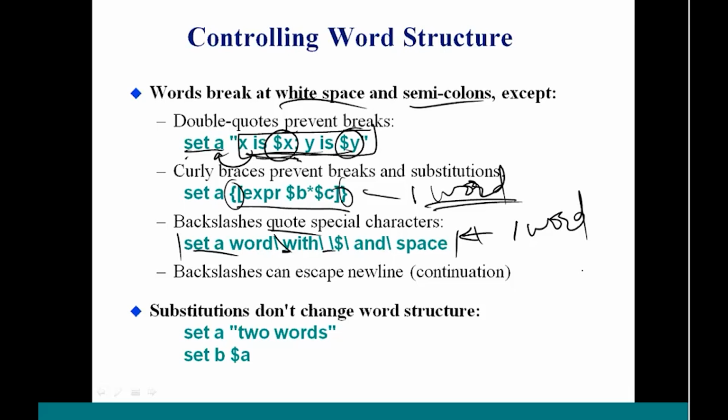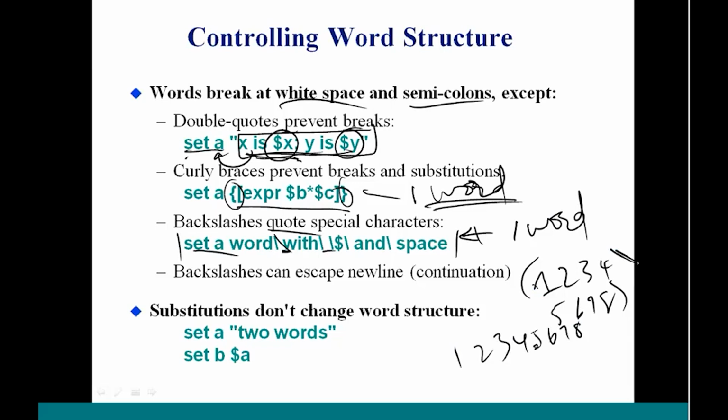So when we write 1 2 3 4, then a space and a backslash, and then go to 5 6 7 8, this is considered as one word, 1 2 3 4 5 6 7 8 with no break here. The backslash is just escaping the new line, so it is a continuation character.